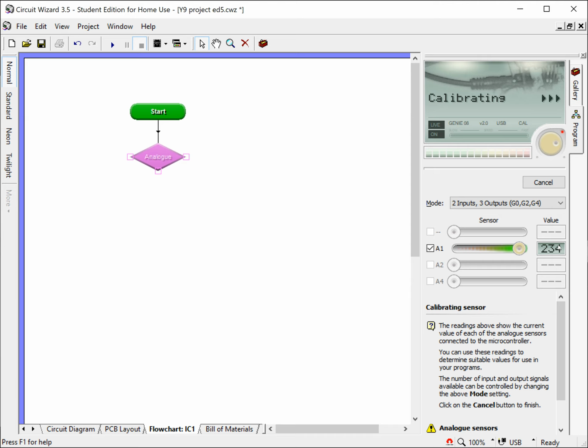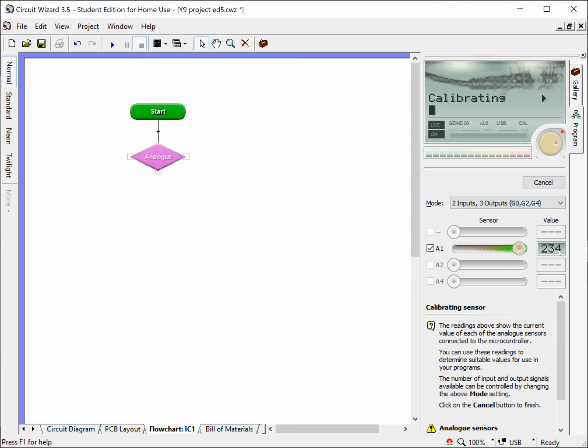If I put my thumb over the sensor, can you see the value going down? Although there is an infinite number of states for this LDR, the Genie splits it into, I think, 256 different states, and so you can see we're on 234.